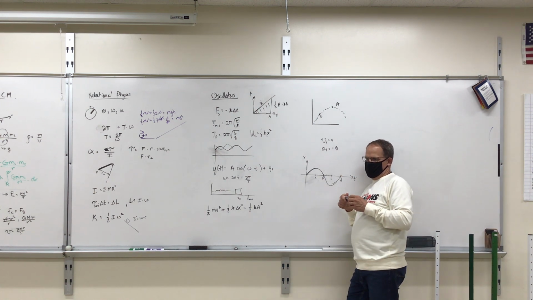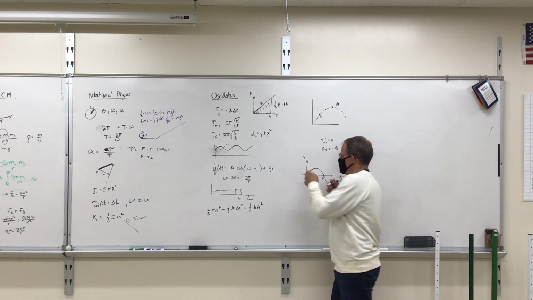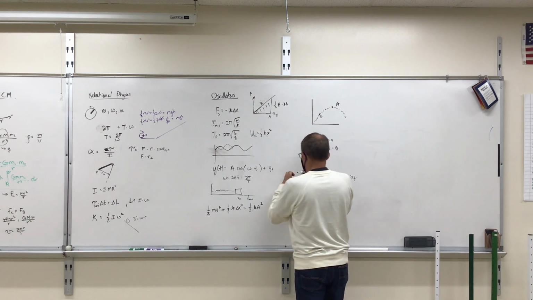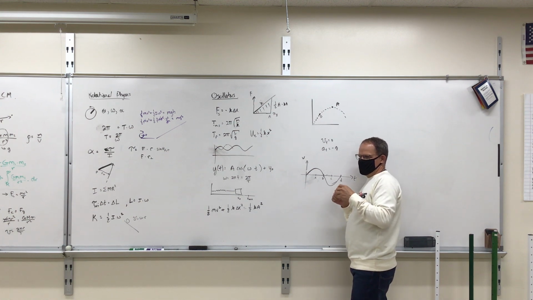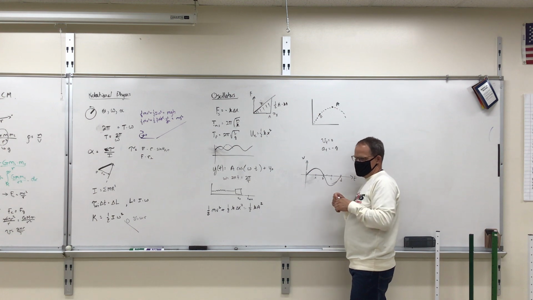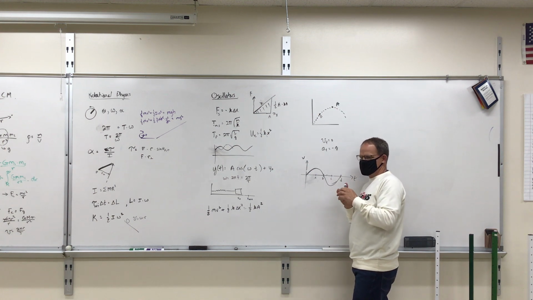Whenever the slope and the acceleration have the same sign. Is it speeding up from 0 to A? They have to be the same sign. It's just calculus, simple as that. It's all calculus. Speeding up when it's the same sign.